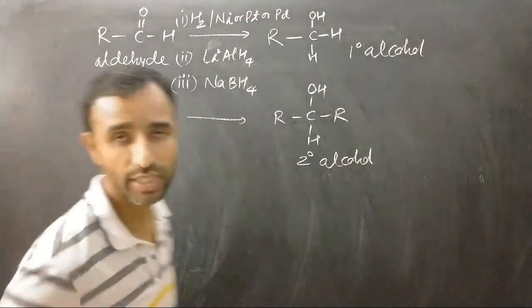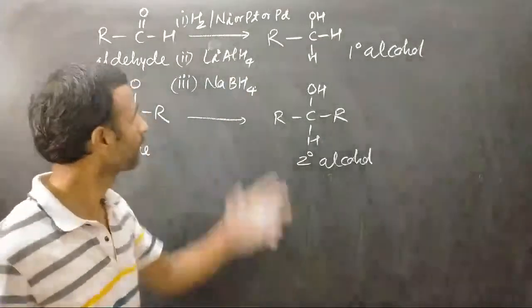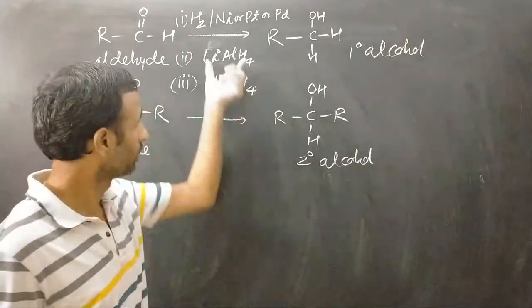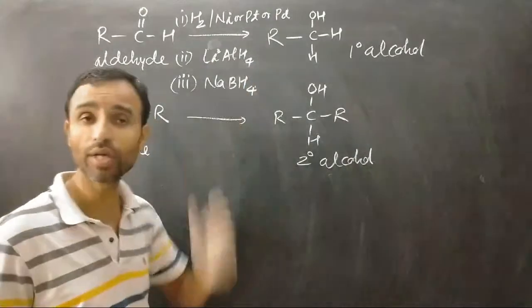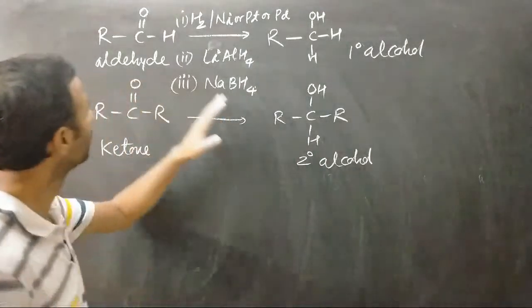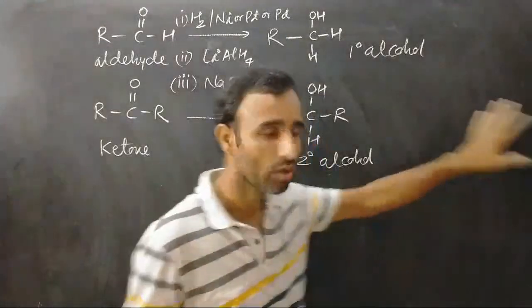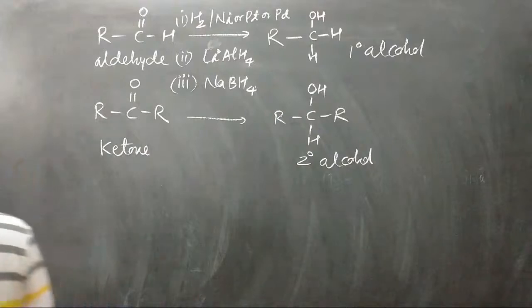Any reducing agent can be used. It can be catalytic reduction, or it can be with complex metal hydrides. These are the complex metal hydrides, lithium aluminum hydride or sodium borohydride. So they can be used to reduce aldehyde into primary alcohol or ketones into secondary alcohol. Right?